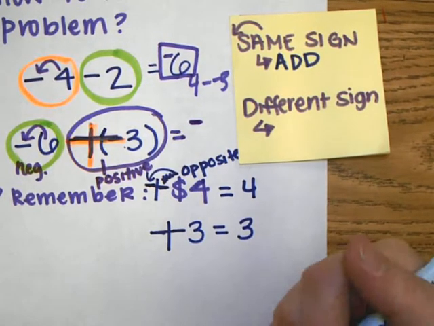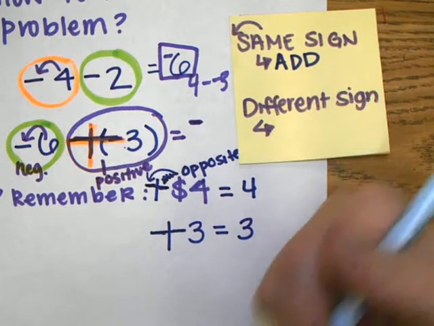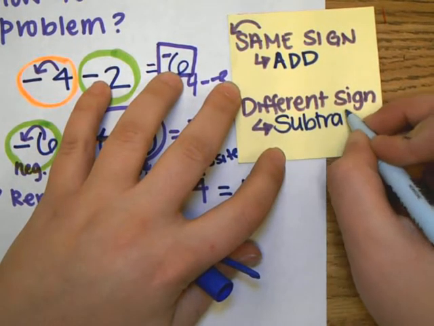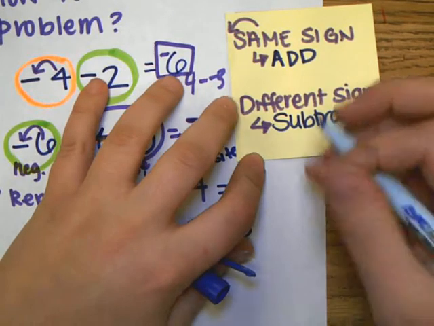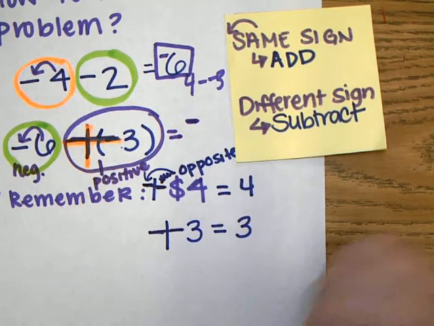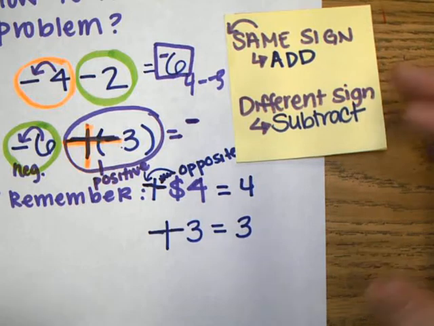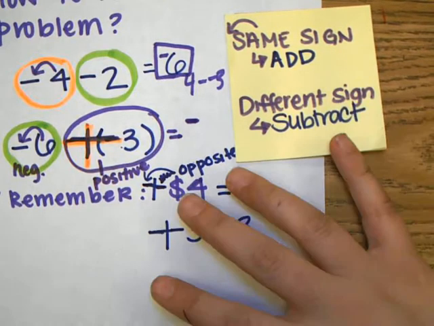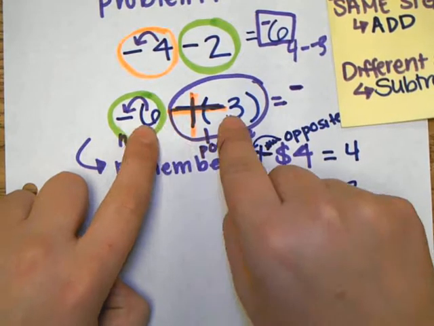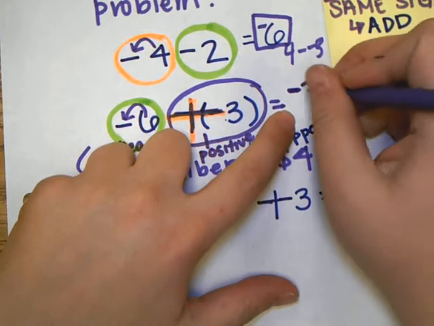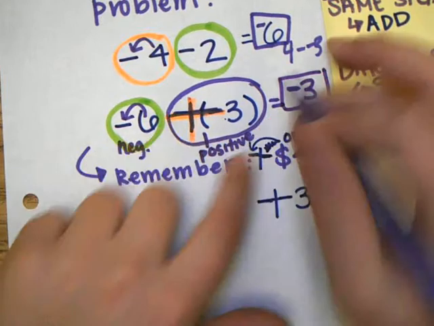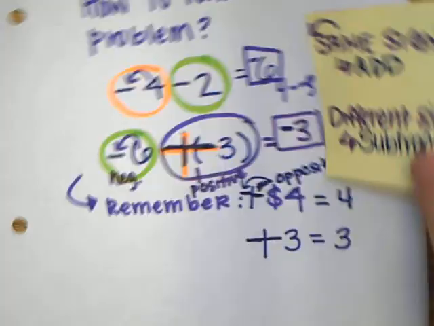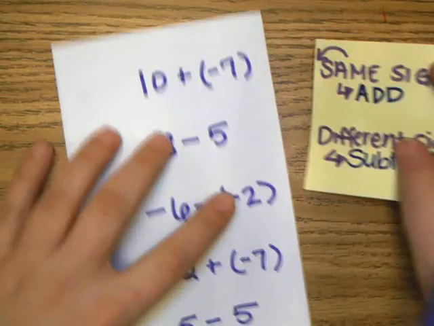They have different signs. Just like the word different sounds like difference, we're going to find the difference between 6 and 3. We are going to subtract. You're always going to subtract the bigger number from the smaller number, thinking of the numbers as positive. So 6 take away 3 is 3. So that would equal negative 3.